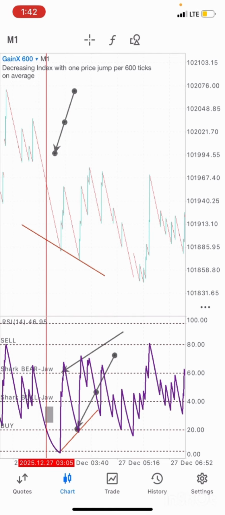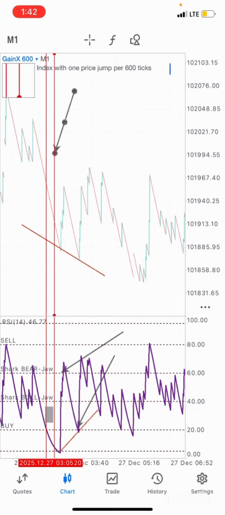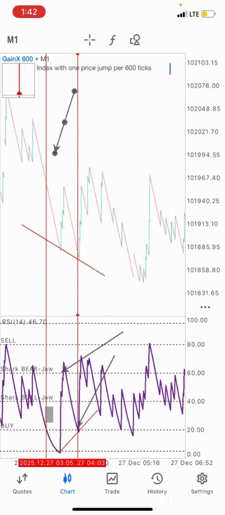Okay, so you enter your trade right around here.